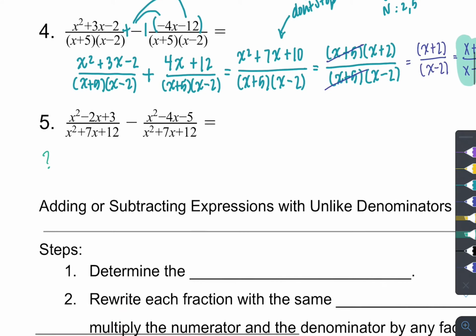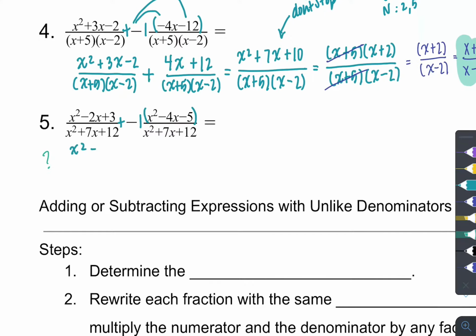All right, what you should have put for that one is, let's go ahead and factor these first. Sorry, we don't want to factor these first. We want to simplify first. So this is minus 1. So we're going to distribute this to all of these.